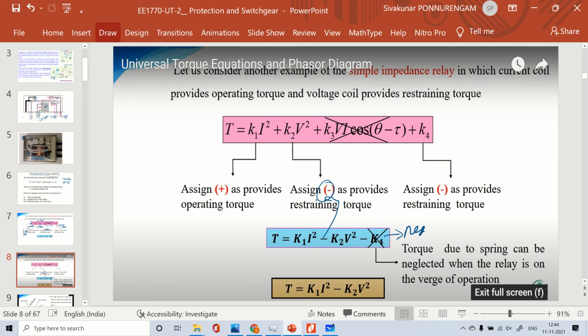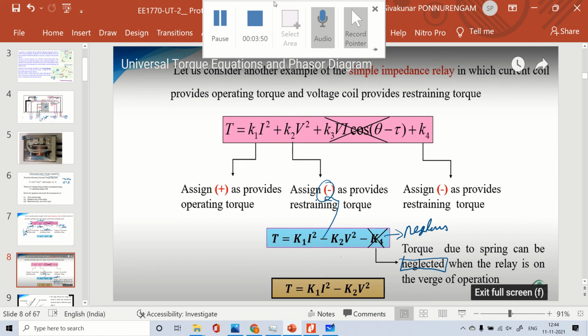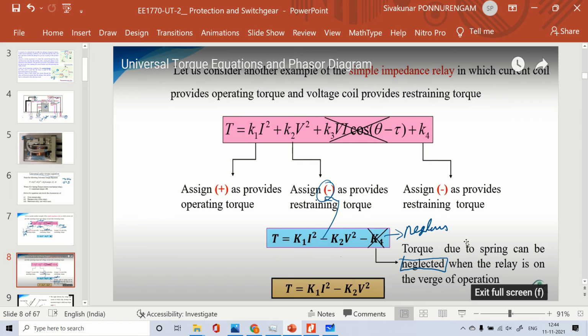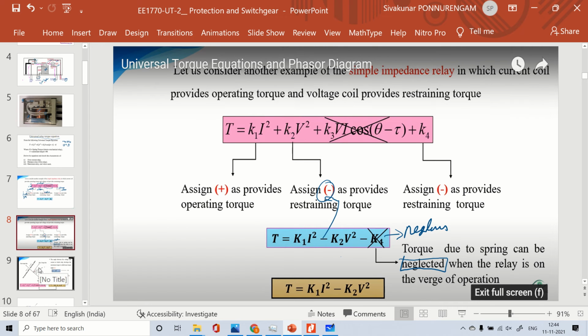This is the main point we are going to consider: neglecting the spring constant. The next thing we consider is the torque K1 I square and K2. These are the two things we consider for the torque equation, right?